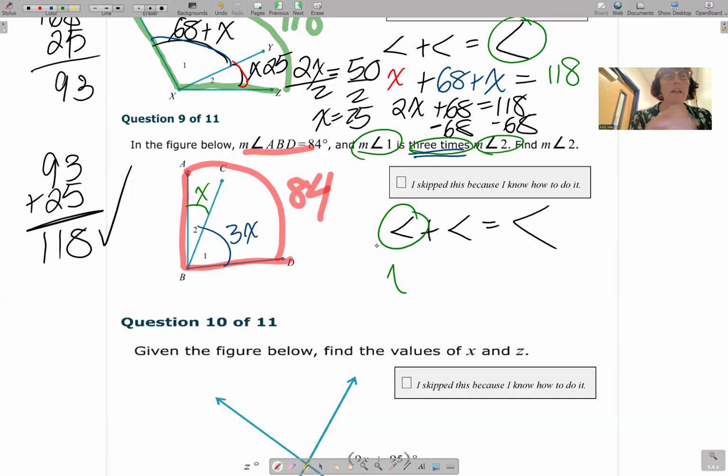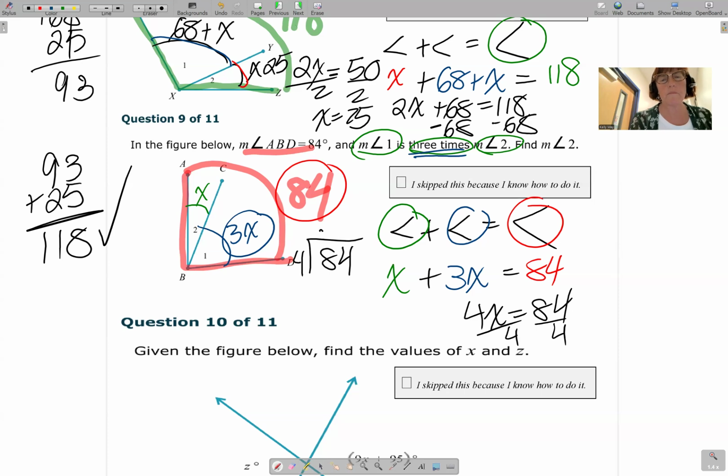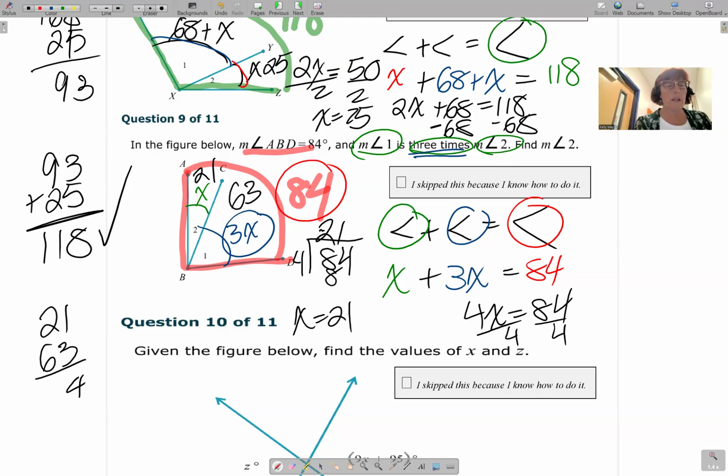So little angle x plus the other angle 3x equals the larger angle 84. And you would solve accordingly. So x would equal 21, and then that would be 63. Once again, you could do a check. 21 plus 63 is 84, check.